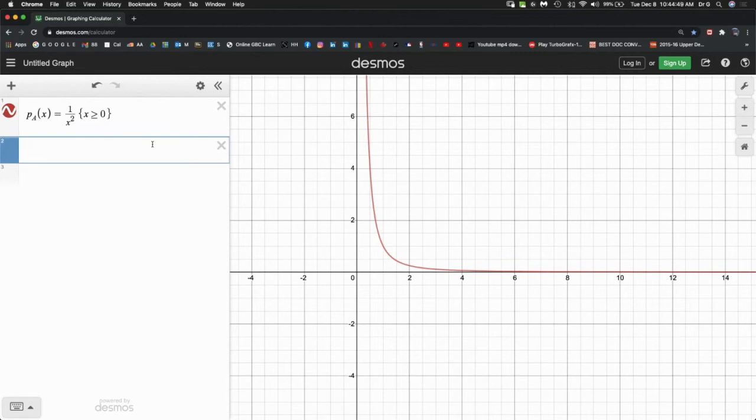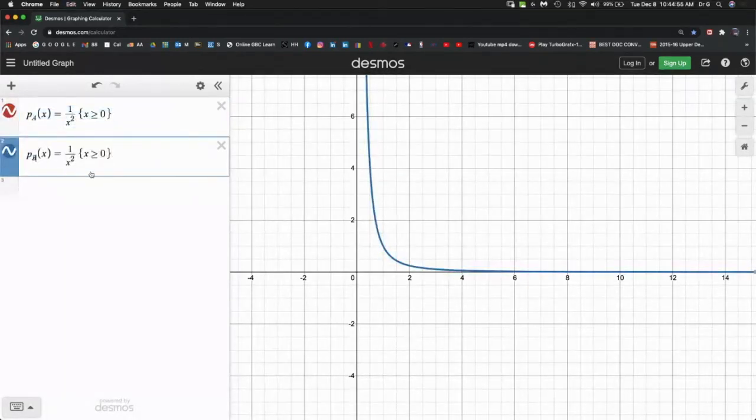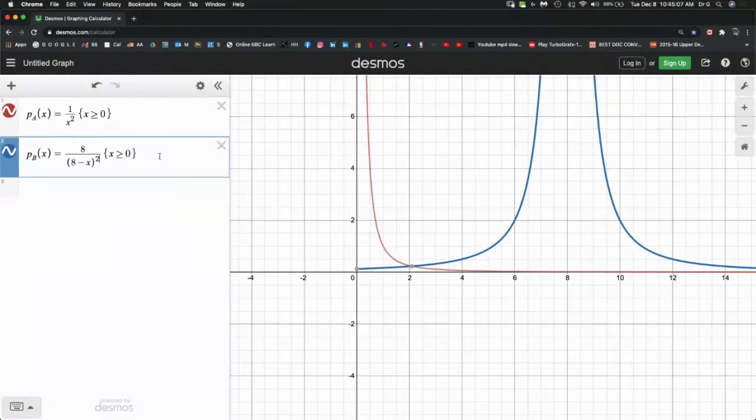So let's take this one here and copy it and create the pollution for factory B. Over here, it's 8 times as polluting, but the distance in the denominator is going to be 8 minus x squared. So you see factory B there, and I'm just going to say x is less than or equal to 8.